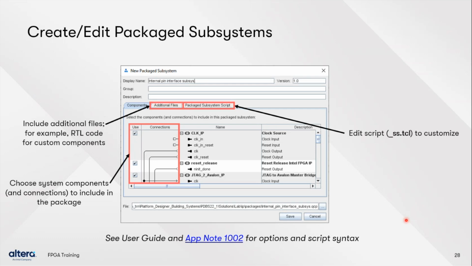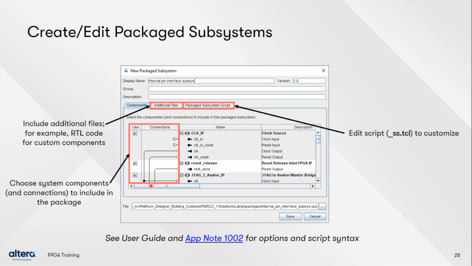So this is what it looks like to create a package subsystem. You give it a name and you select, so what it will show here is a mini view of your current system. So basically you choose which components should be included in your package subsystem. You can even choose which connections to include.